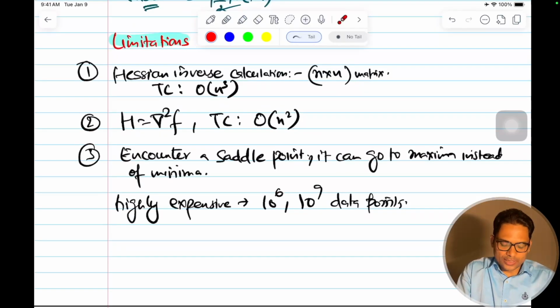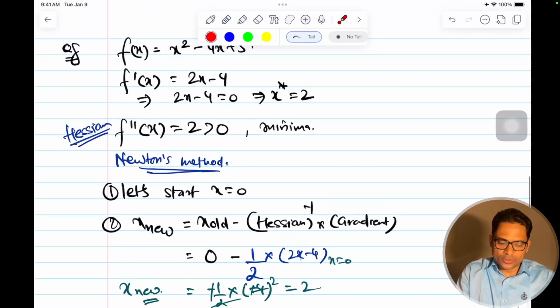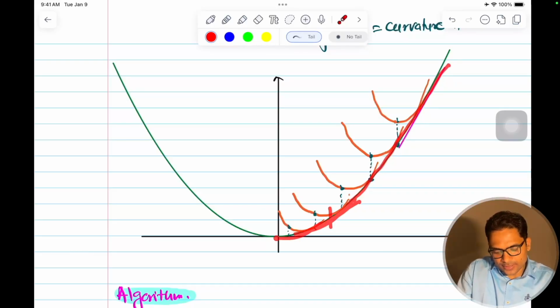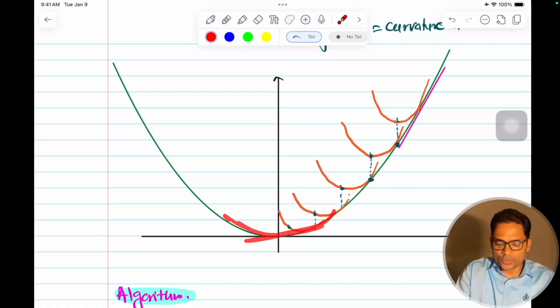So what do we do? We use, for example, gradient descent here, and as we approach the lower ends, here we use the Newton's method, not in the complete.